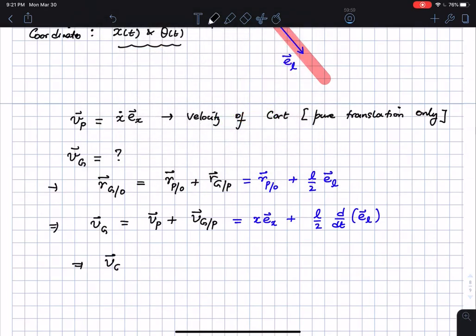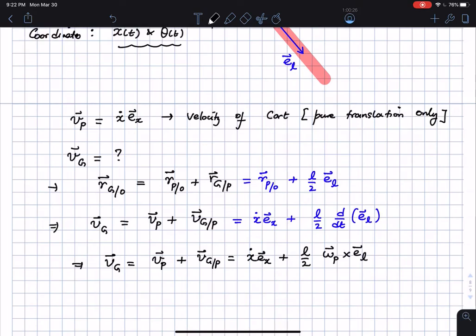Vg is going to be Vp plus Vg slash P, which is x dot Ex plus L by 2 times omega of the pendulum crossed with EL.